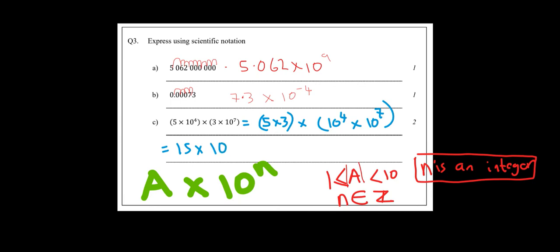If we add 7 plus 4, we get 11. Now, alarm bells should be going off because 15 is greater than 10. So we're going to make this 10 times smaller, 1.5. So we need to make this 10 times larger to become 12.